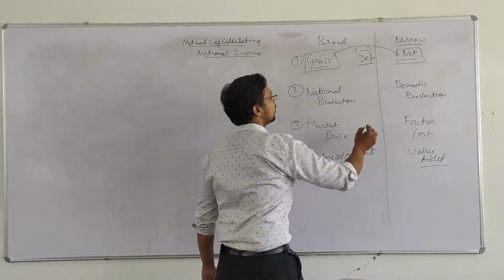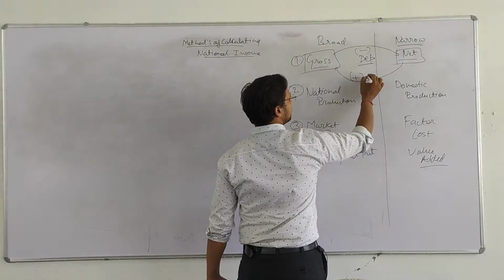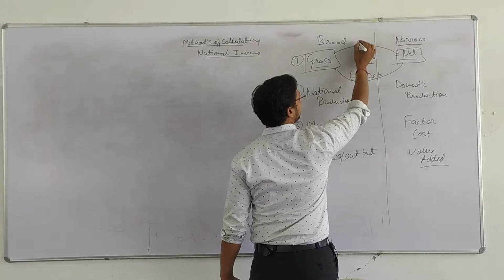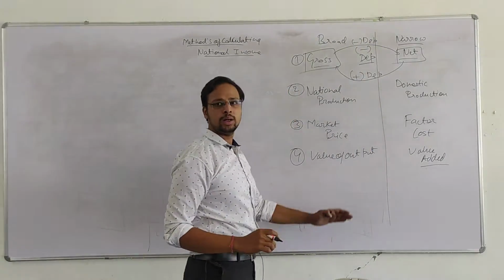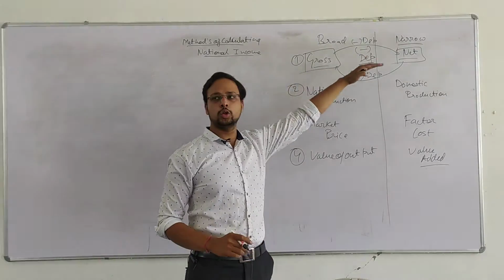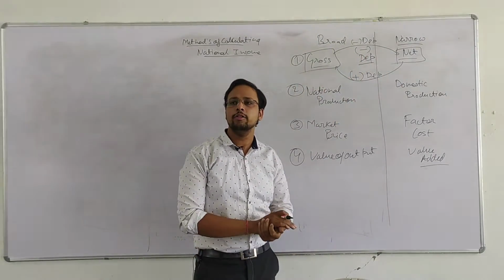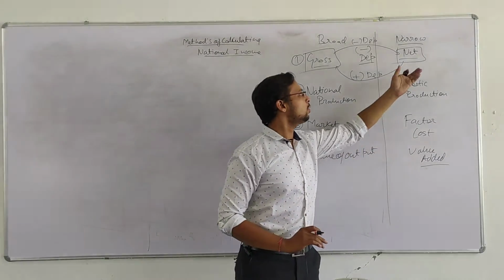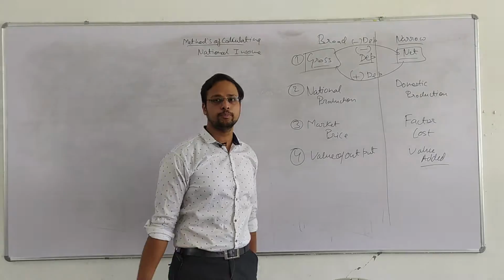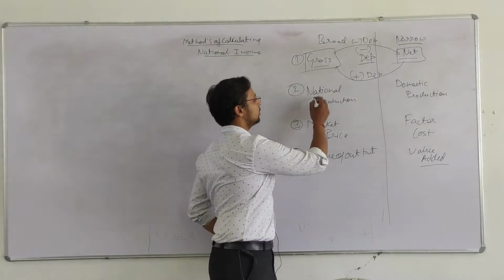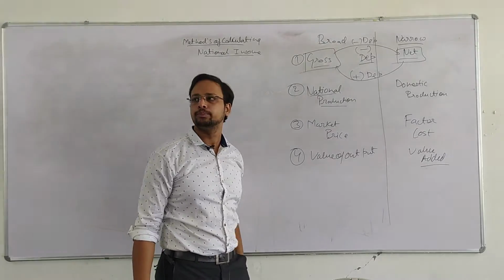And if you want to go from net to gross, then you will have to add depreciation. If you are going from a broad context to a narrow context, then you will have to subtract it, and if you want to go from a narrow context to a broad context, then you will have to add it.